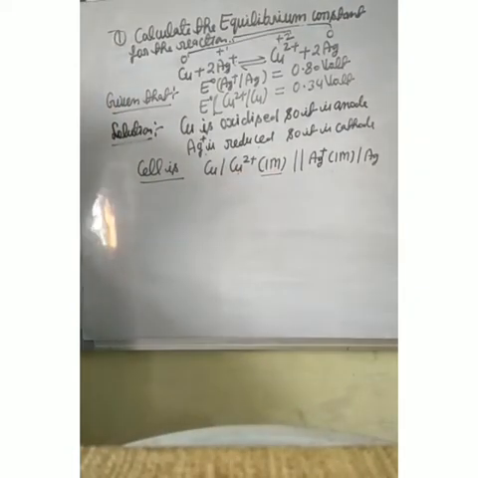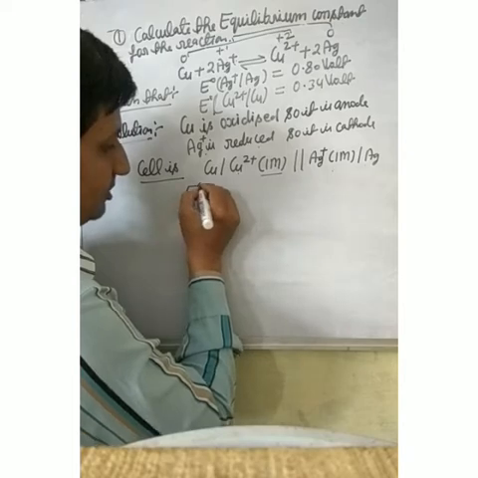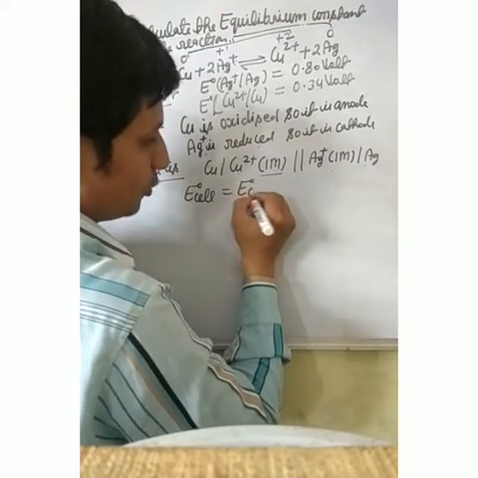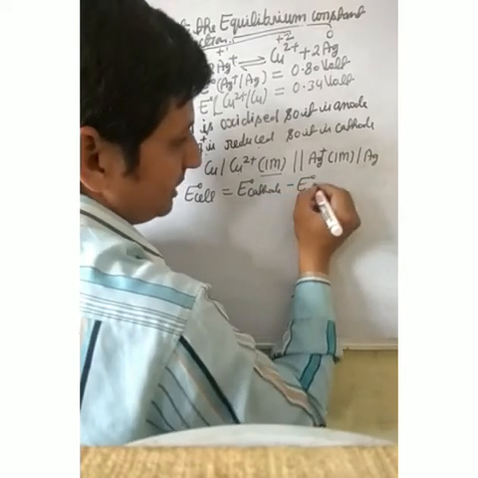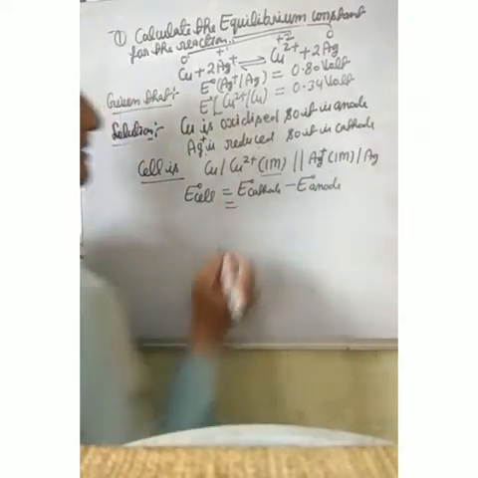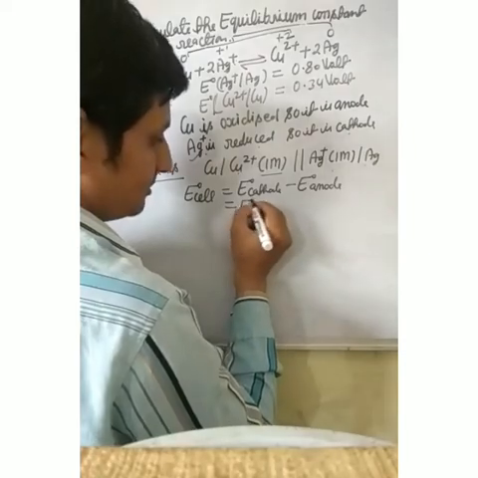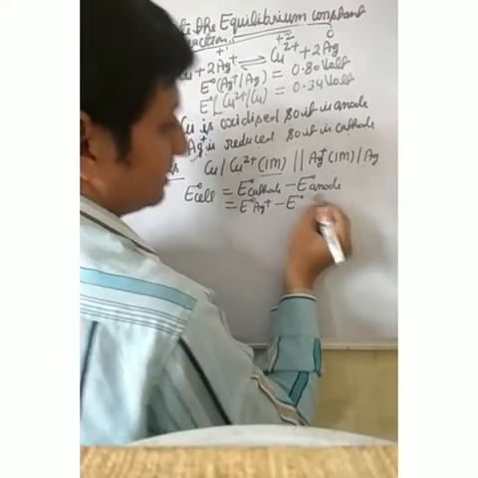Okay students, look here at the formula. Now we have to find out E naught cell. E naught cell is equal to E naught cathode minus E naught anode. The cathode is silver ion, so E naught silver ion minus E naught anode.